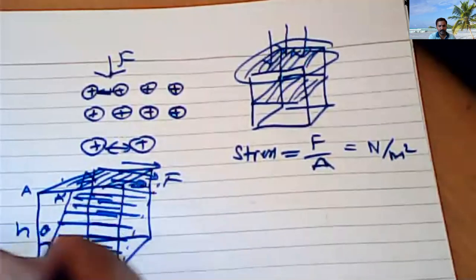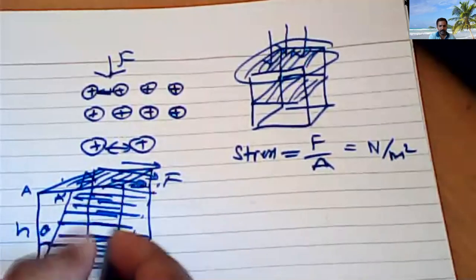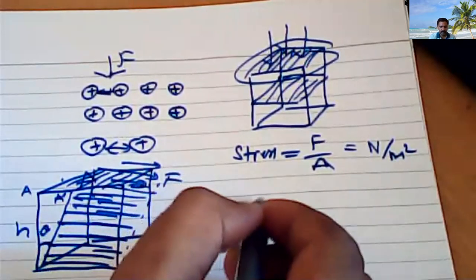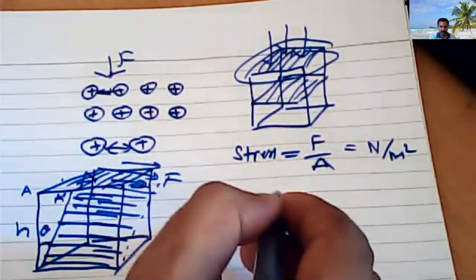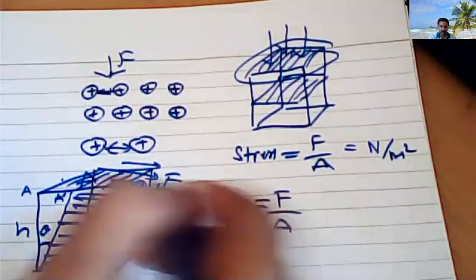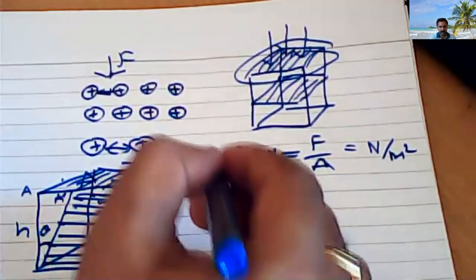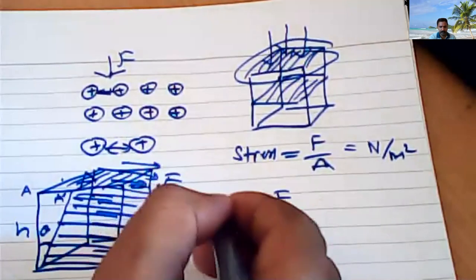So it is tilting with an angle theta. So you are applying a force, but in which direction? A force parallel to the area of cross section of the body. So that one is the tangential stress.